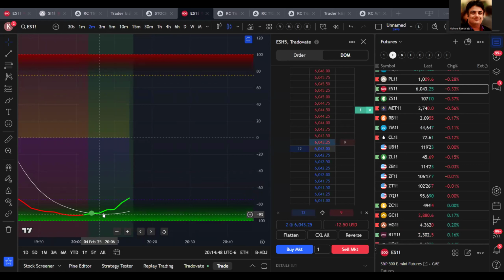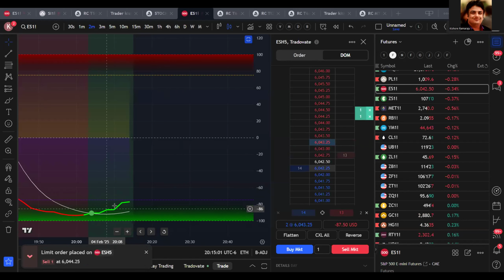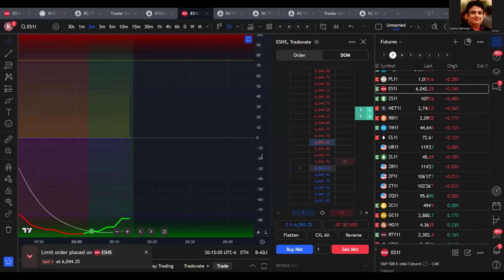Sellers came all the way to the bottom. Buyers are trying to go up again. There is a high chance it may go minimum till 60, 45 or something, but I'm keeping my targets small. Even if you make $50, $75 with 10 accounts, that is $750.